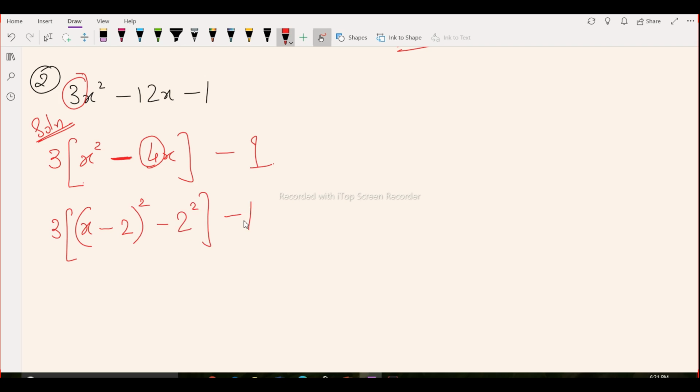So this will remain inside the bracket. Now you'll write 3 times x minus 2 the whole square, and this is 4, so 3 times minus 4, that is minus 12, minus 1. So finally what you get is 3 times x minus 2 the whole square minus 13.